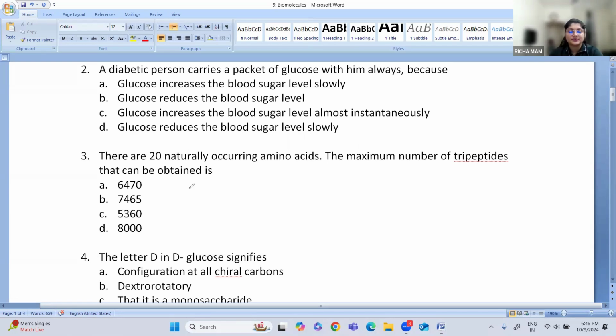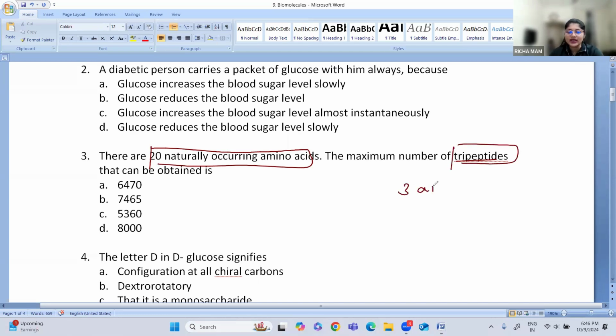So what is a tripeptide? There are 20 naturally occurring amino acids. How many tripeptides can be formed?